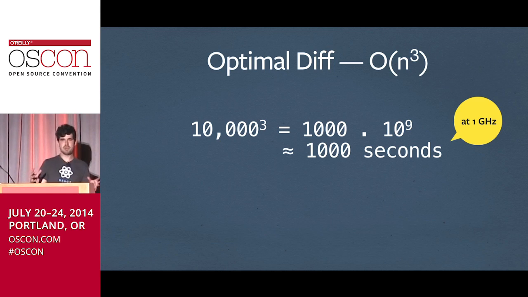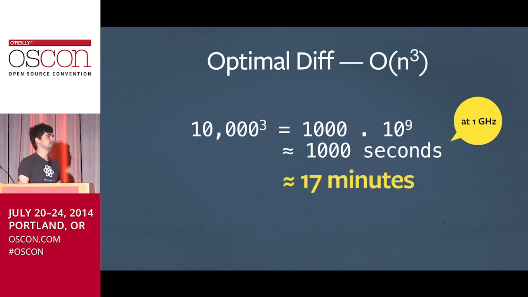This is a big number, but not unthinkable. And let's say you're able to do one operation in one CPU cycle. This is never going to be the case, but let's imagine we can. And we have a CPU at 1 gigahertz. It would take 17 minutes to do the diff. So this is absolutely never going to work.